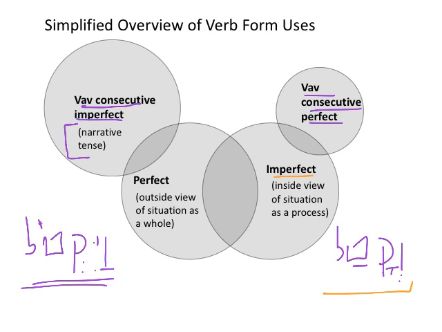So you'll notice our Venn diagram has several overlapping elements already, even when we consider the first 4 main verb forms.